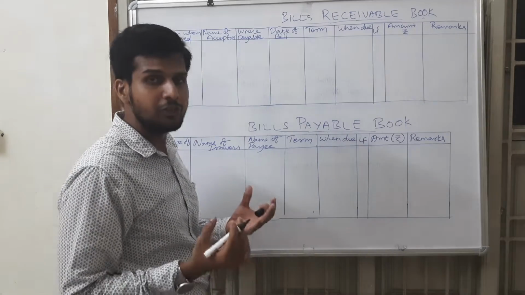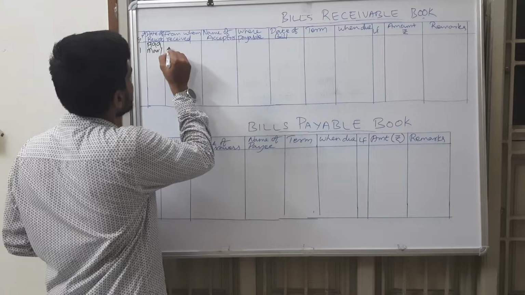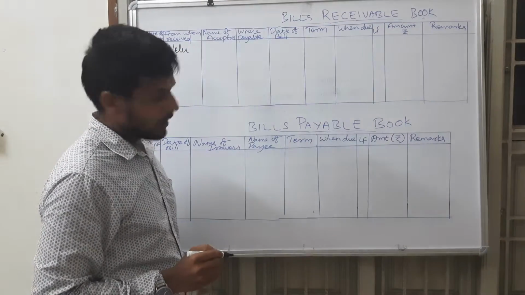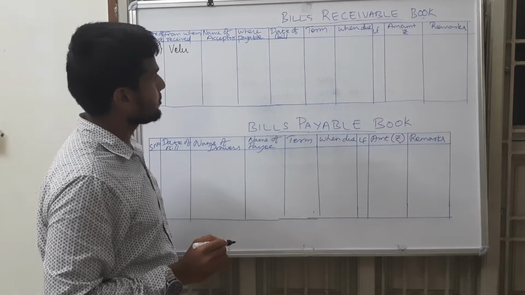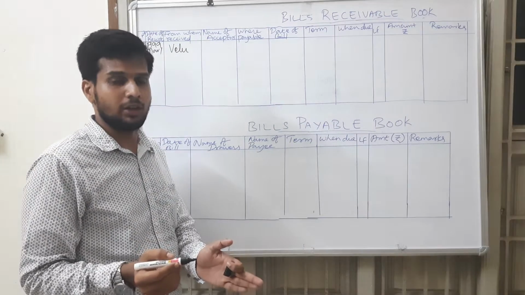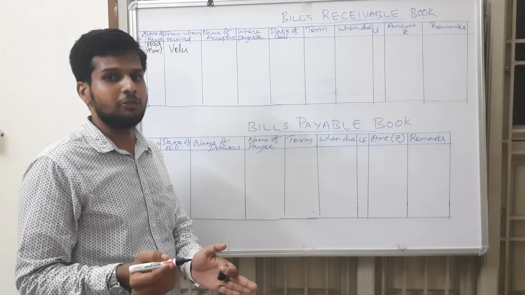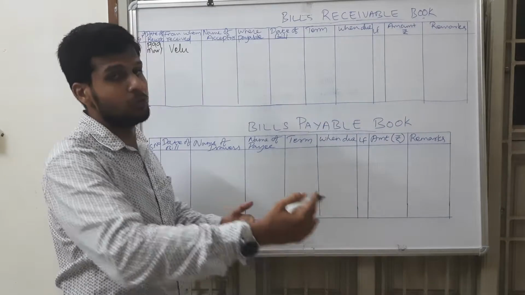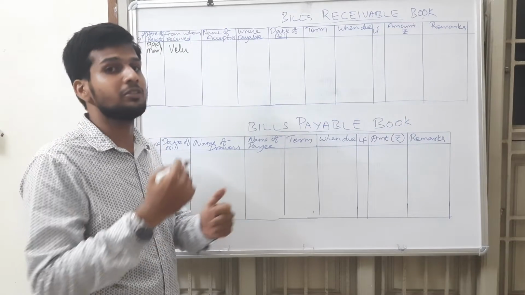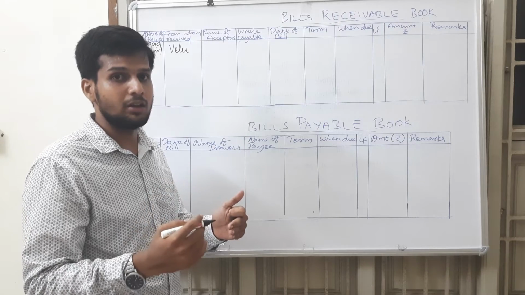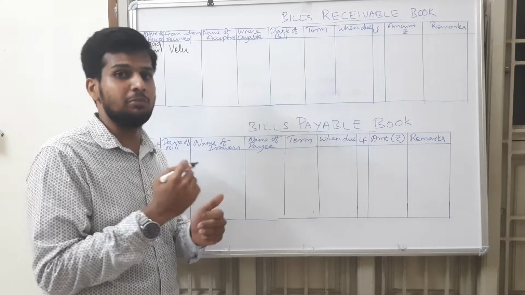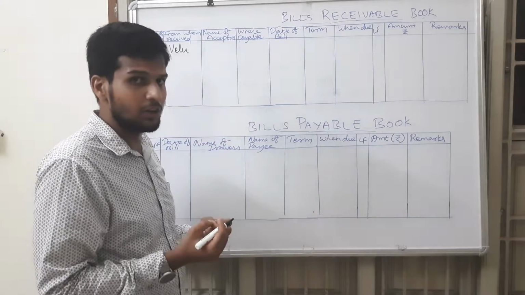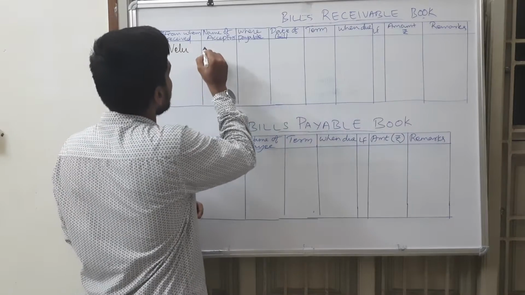From whom we are receiving is Velu, so the name of the party is Velu, and he is also the acceptor. If detailed instructions distinguish between the acceptor and the party from whom we are receiving, the names may differ, but in most cases the same name is recorded in both.